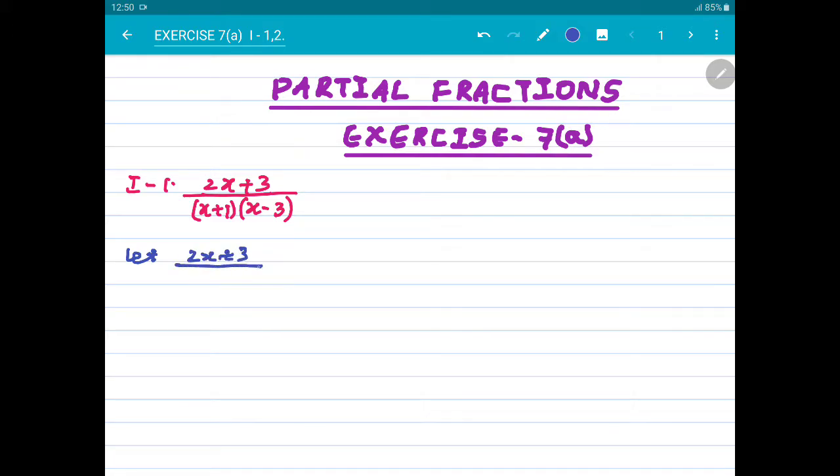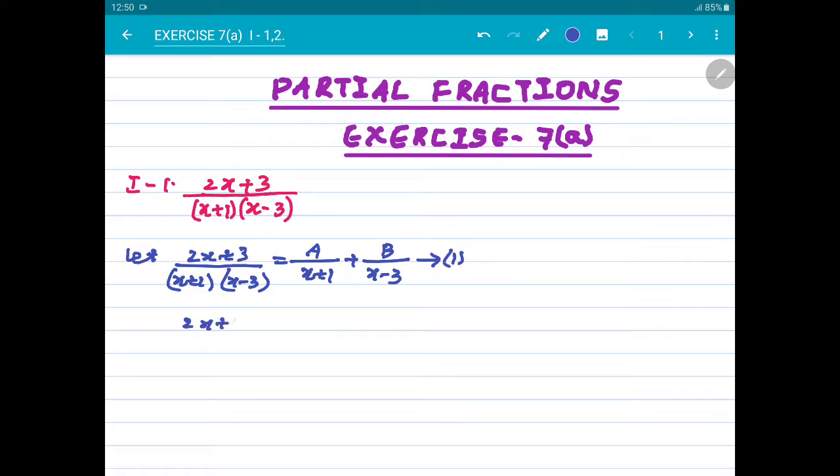Let (2x + 3)/((x + 1)(x - 3)) = a/(x + 1) + b/(x - 3). Suppose this is equation number 1.